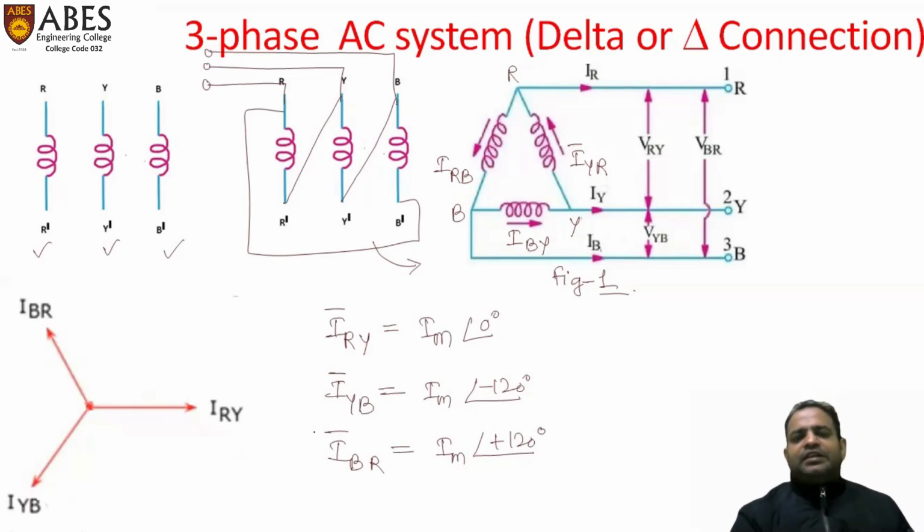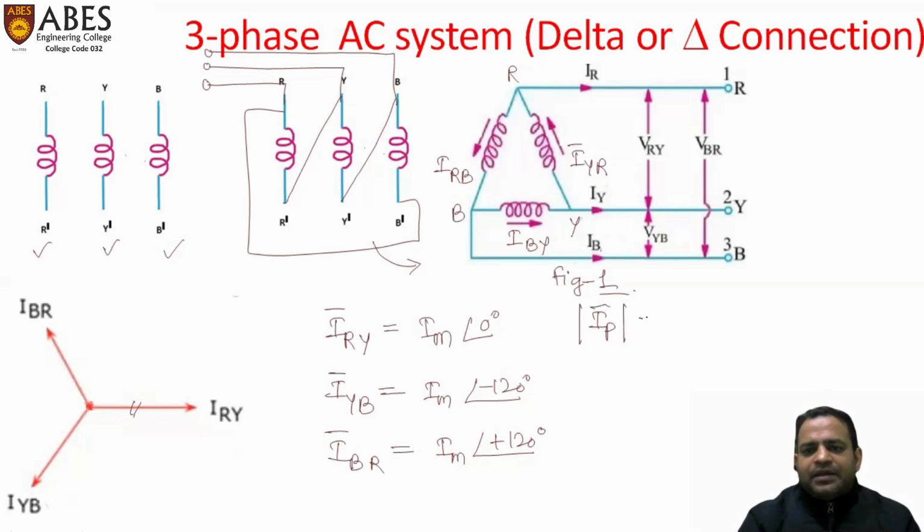So these three have equal magnitude, and these are called phase currents because they are across the three phases of RYB. So we can say that the magnitude of these three phase currents IP is equal to IM.